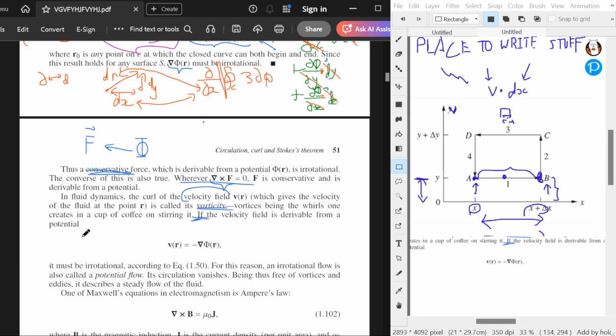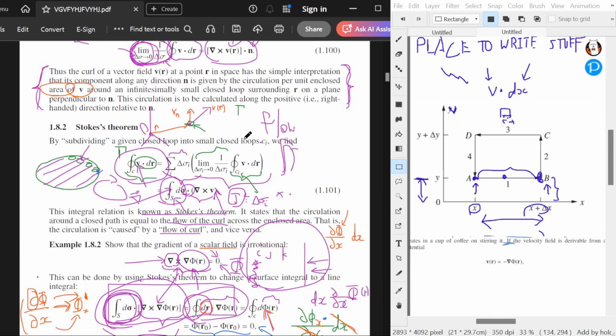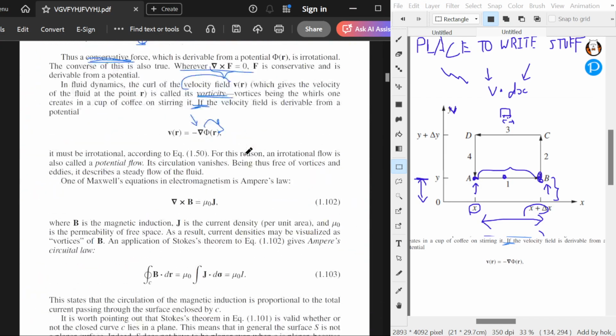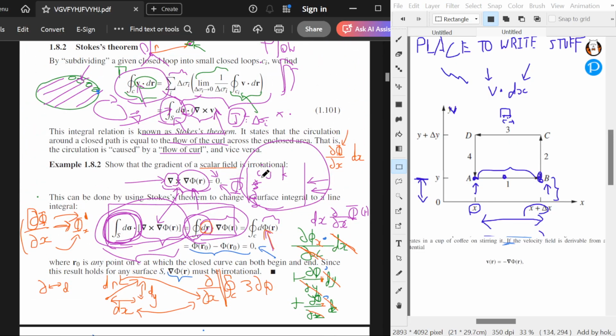If the velocity field is derivable from potential, which means you can get it from the gradient of just a normal scalar field, it must be irrotational according to equation 1.5.1.